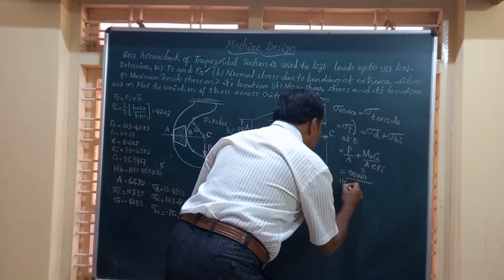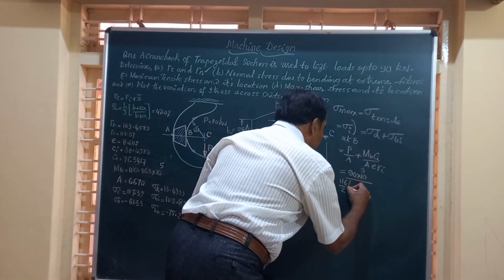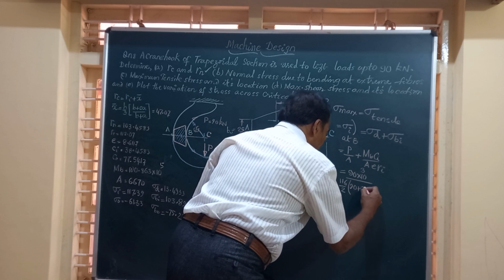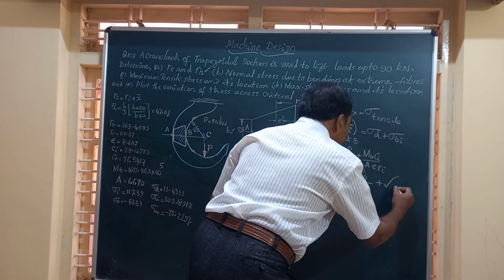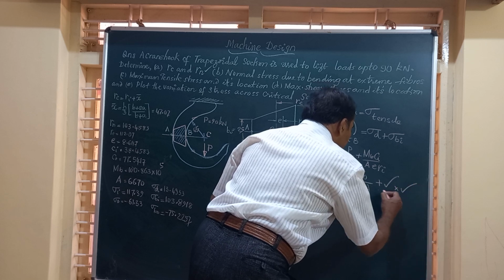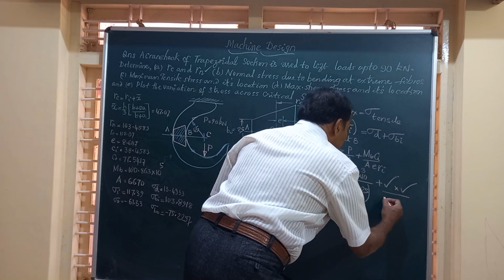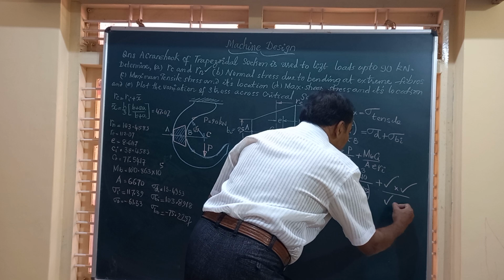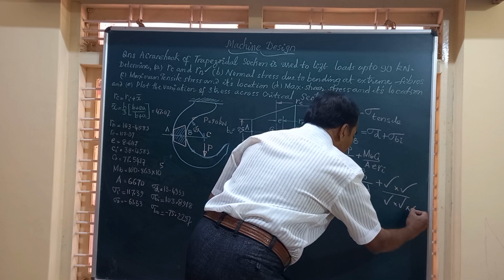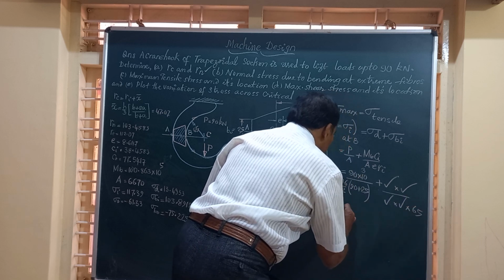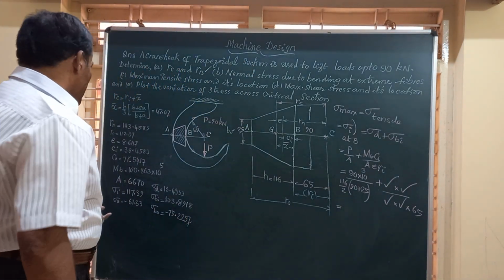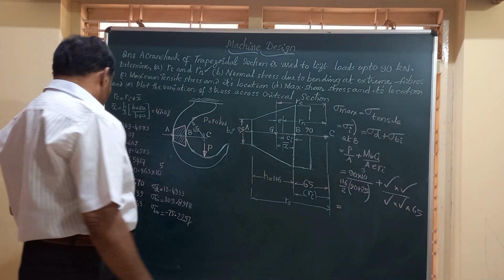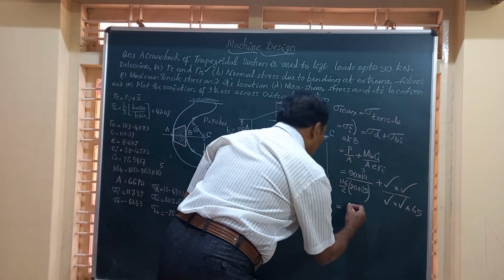That is h by 2 bracket 90 plus 25, Bi plus B naught, plus MB value we have calculated, Ci we have calculated, again area is the same, E we have calculated, Ri is 65. If you make the substitution in this formula, you get the maximum stress as 117.39.